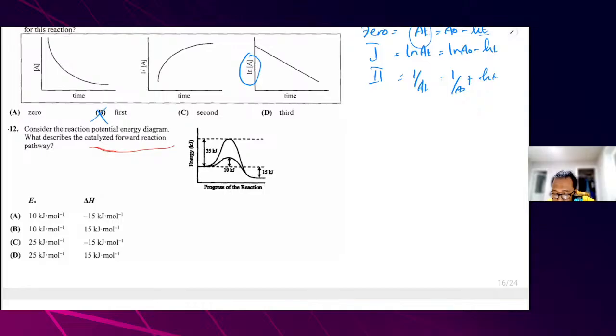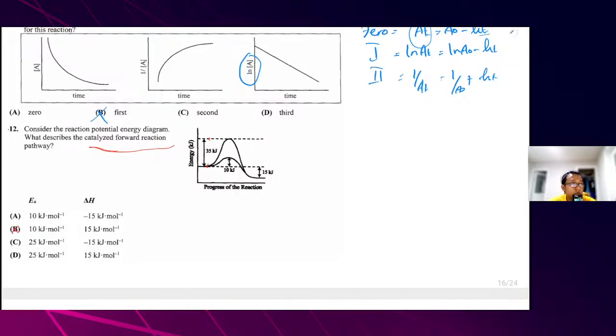The activation energy EA is around 10 kilojoules, and delta H for the forward reaction is from here to here, around 15 kilojoules. So 15 and 10 kilojoules, so the answer will be B.